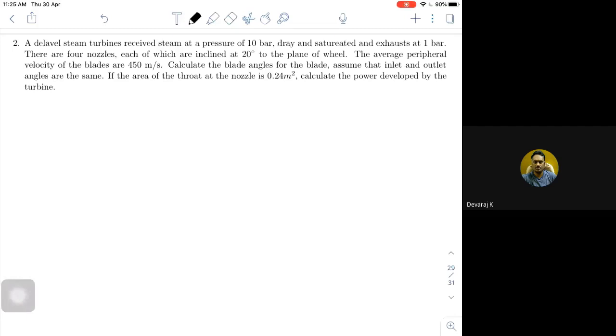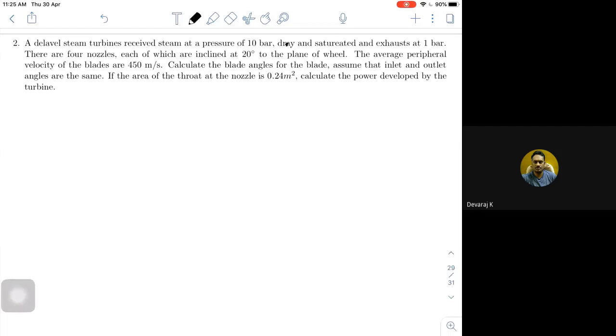It is not dry actually, it is dry and saturated, that was a typo error, and it exhausts at 1 bar. That means it enters at 10 bar and exits at 1 bar.